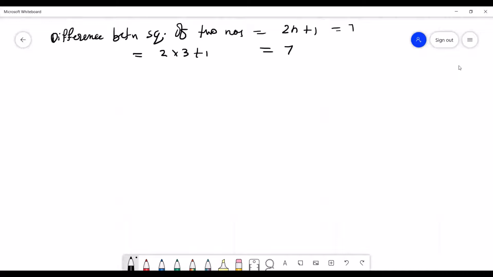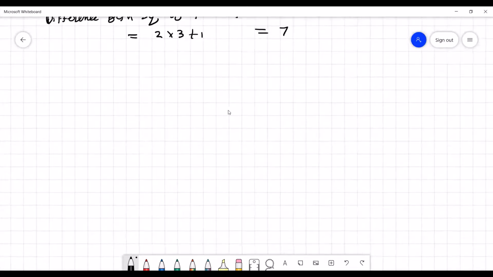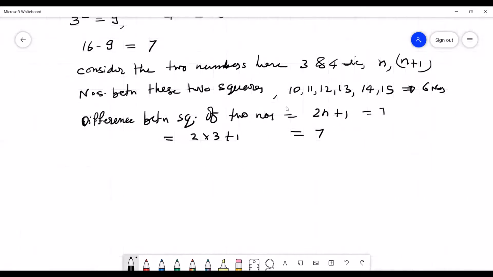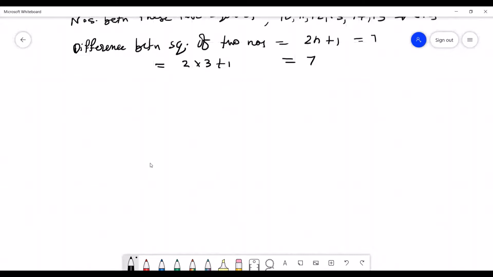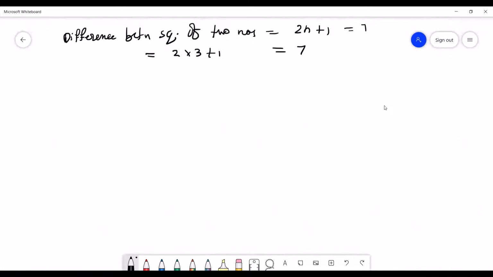Now the numbers between the squares of two numbers, that also we have already seen here. There are 6 numbers. It means the difference between the two numbers minus 1 is the count of numbers coming between the two squares.